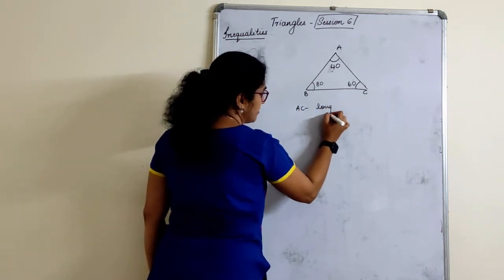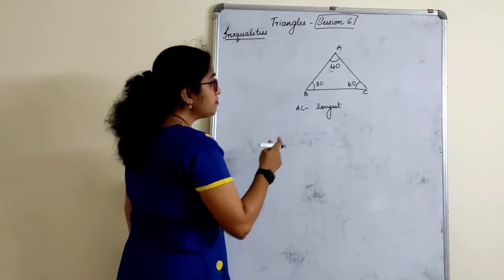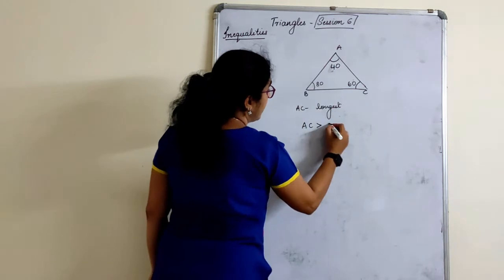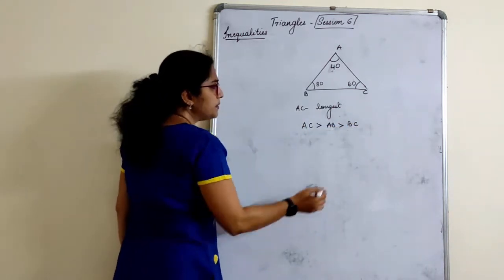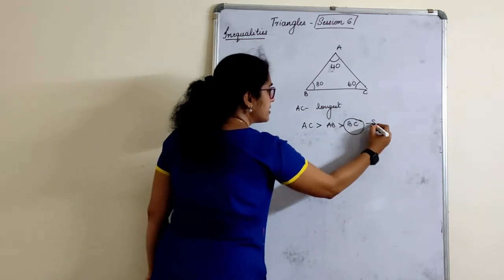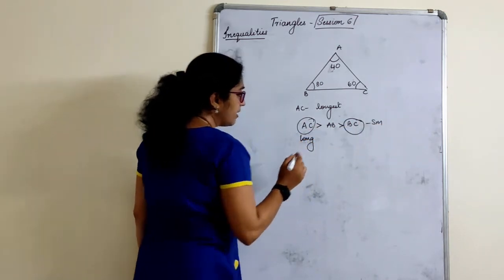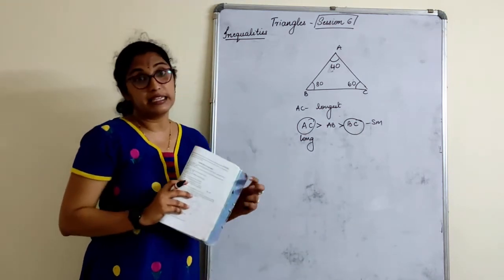I have no measure of AC, but I can say AC is greater than AB is greater than BC. So BC is the smallest side and AC is the longest side. How did I come to know this? We got to know based on the angles given.